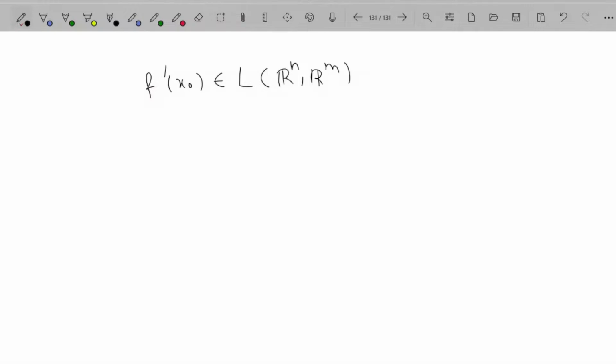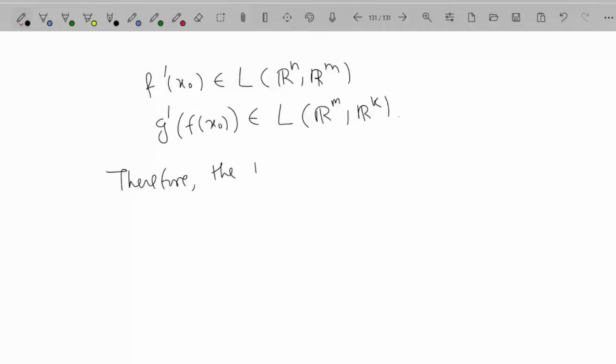And g dash of f of x naught is a mapping from Rm to Rk. So obviously the product makes sense. Therefore the product g dash of f of x naught into f dash x naught makes sense.